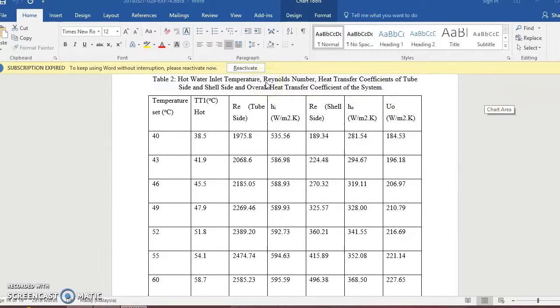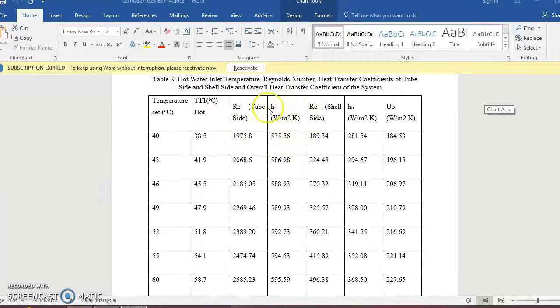Next we will show you the Reynolds number, heat transfer coefficient, and overall heat transfer coefficient that we calculated. The temperature starts at 40 and subsequently adds 3, and this is TT1, the hot water inlet temperature. The Re for the tube side that we calculated is this value.